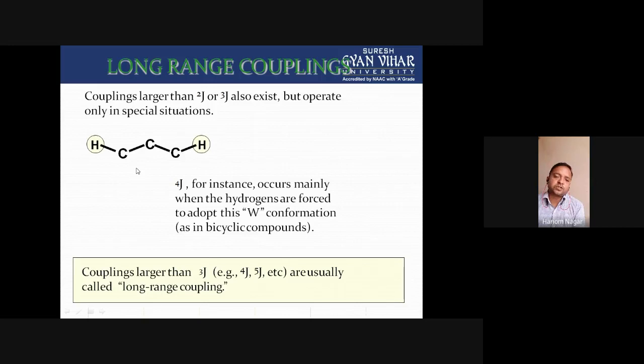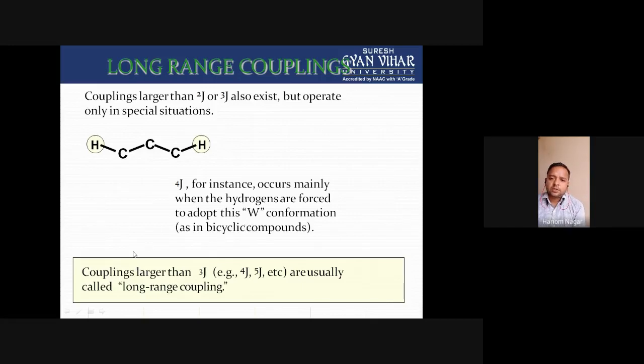Long range coupling occurs mainly when the hydrogens are forced to adopt a W conformation, as in a bicyclic compound.